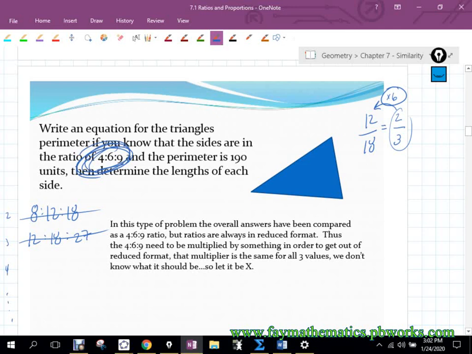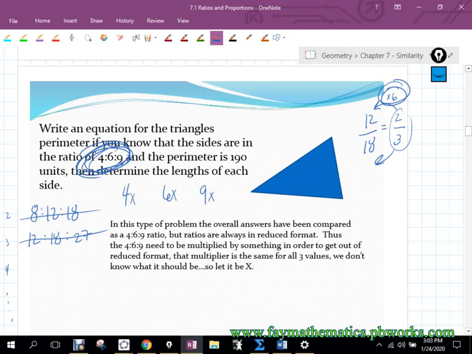But when I did multiply by 6, I multiplied both things by 6, right? So with this 4, 6, 9, I don't know what I need to multiply by, but I know each one of them needs that applied to it. So if you don't know what to multiply by, that multiple is x. It's unknown, right? Does that make sense?